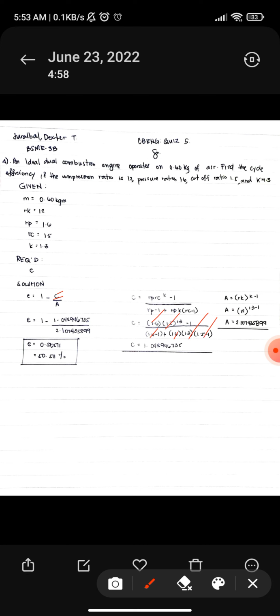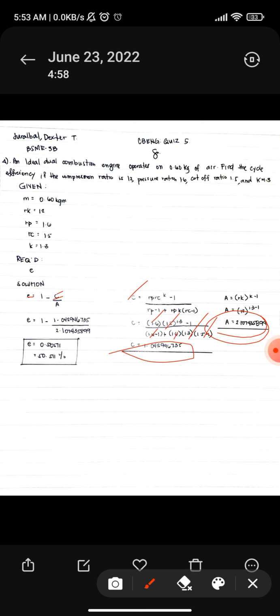So, yung C natin is 1.042946735. And for the A naman, we have Rk raised to K minus 1. So, Rk natin is equals to 12 raised to K na 1.3 minus 1. So, yung A natin is equals to 2.107435899.